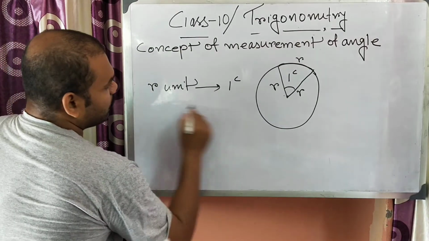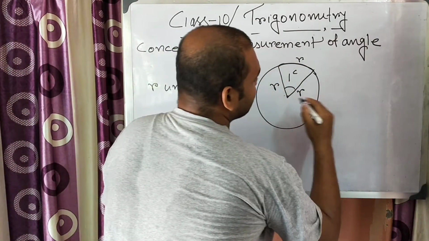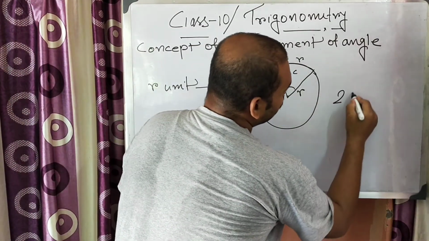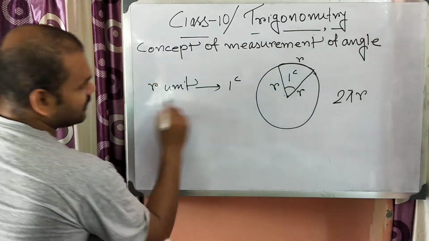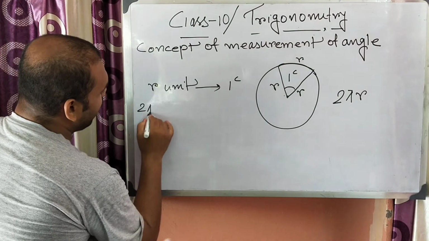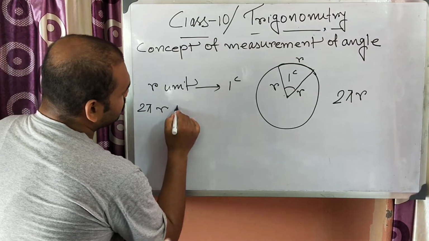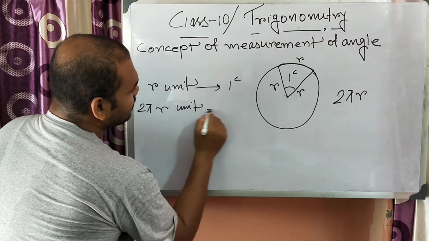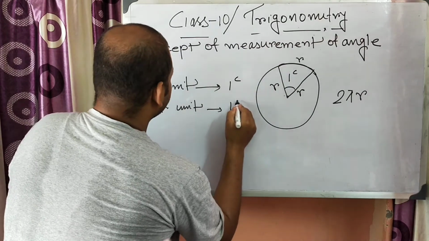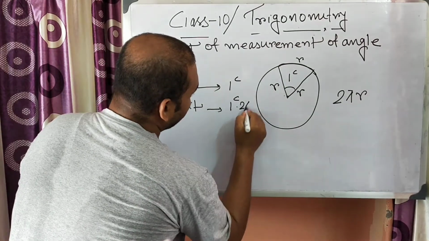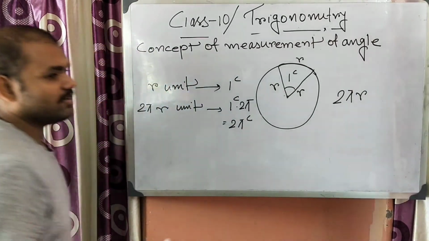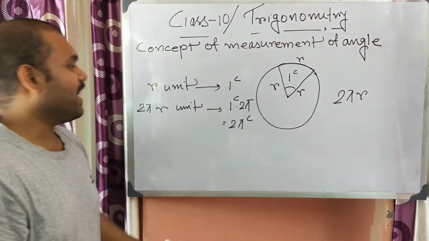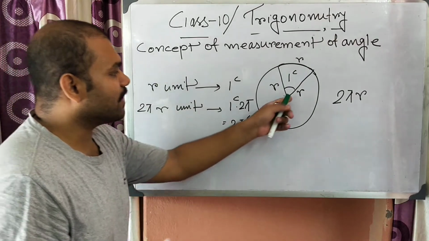So what is the total length, that is, the circumference? 2 pi r is the circumference. So as 2 pi r is the circumference, 2 pi r units will subtend 1 radian into 2 pi, that is 2 pi radian.